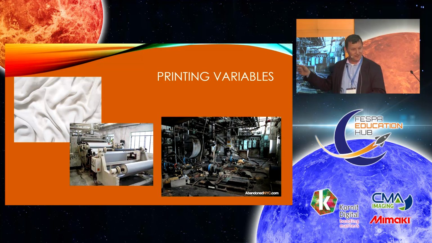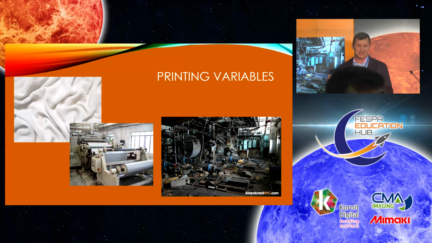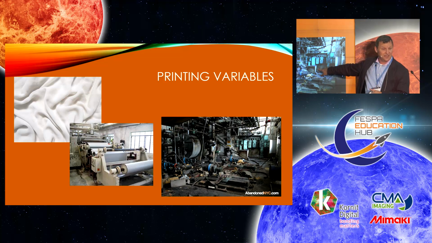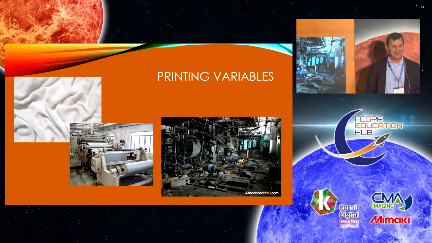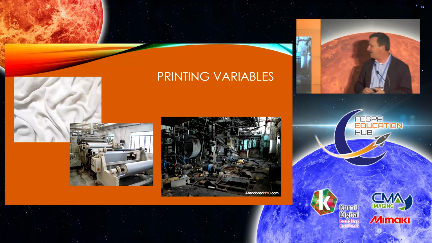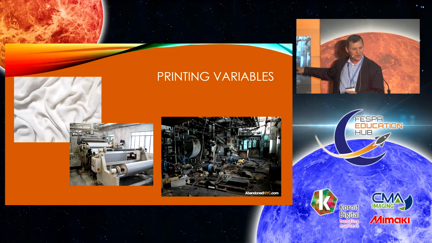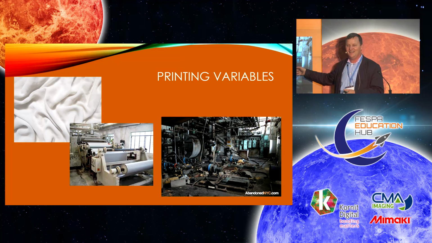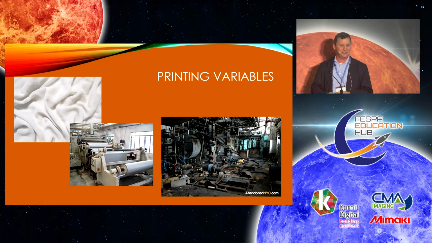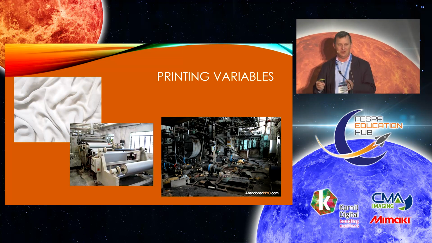We have pre-treatment and post-treatment processes that can change color very easily. And then we have the print environment itself. If your temperature and humidity are fluctuating all over the place, I hope you're not printing in an environment that looks like this. Temperature and humidity with an inkjet printer is very important to keep stable.